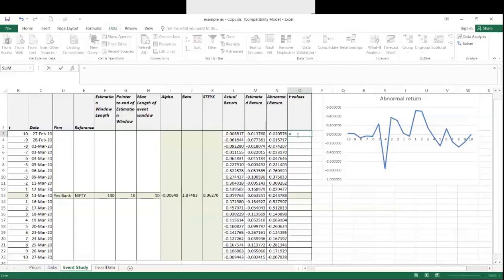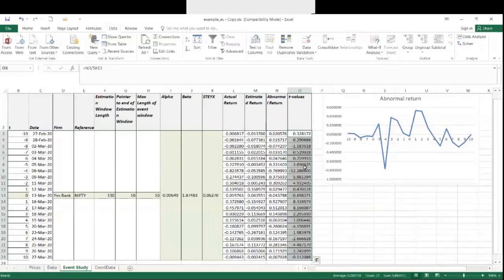The t value is essentially the test statistic divided by the standard error, right? The standard error is the root mean square error. So with respect to each day's abnormal return, we calculate the t statistic.